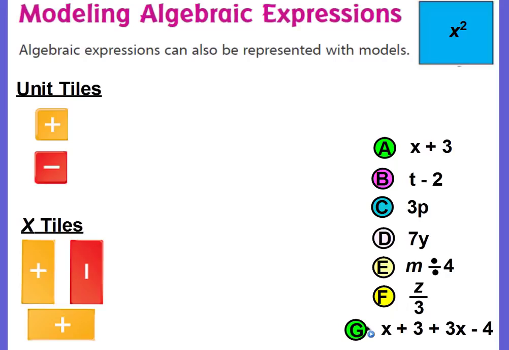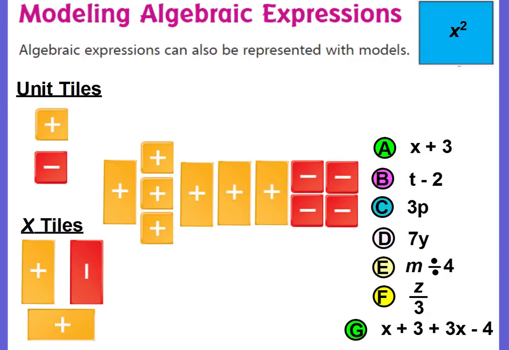What about our last example? X plus 3 plus 3x minus 4. Take it one part at a time. What do you see first? X. How many x's are there? 1. So this would be our x.